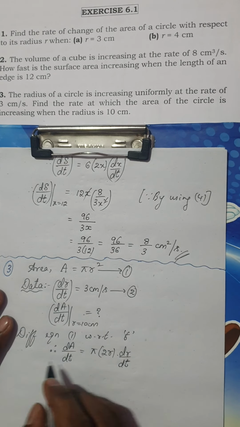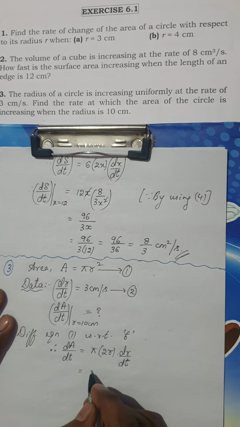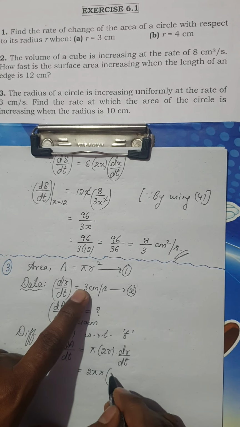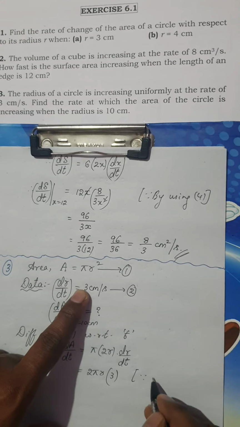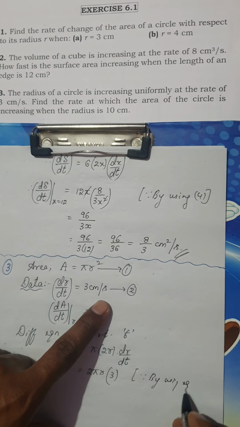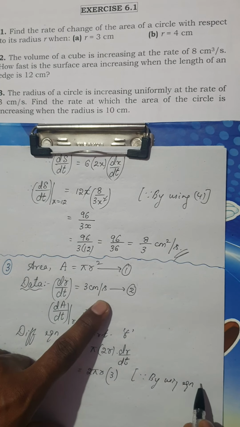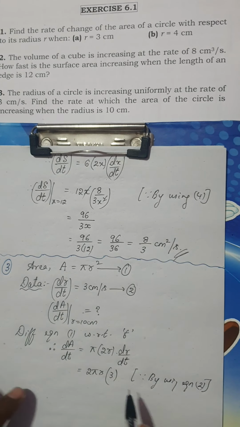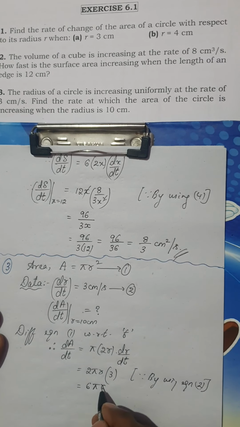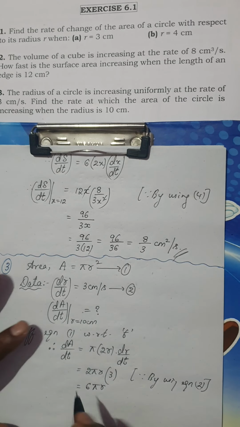This is nothing but 2 pi r into dr by dt, which is already given as 3, by using equation 2. So it is 2 3s are 6 pi r. I have 6 pi r.